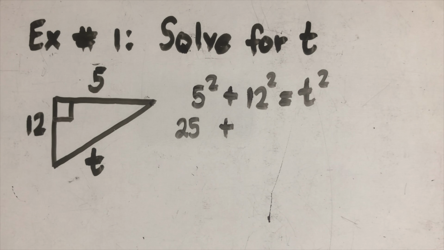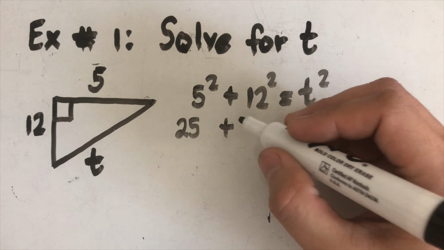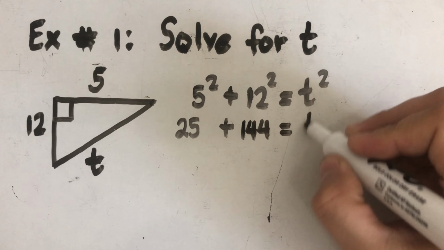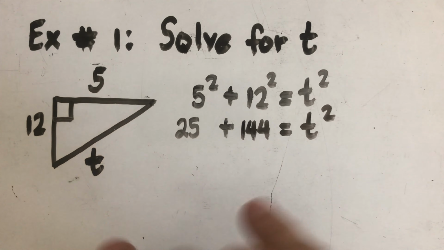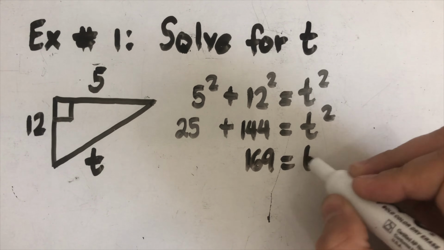Again, feel free to use the calculator. There's a link in one of the posts that I gave you on Google Classroom. Please go back to it. It should be there. So 12 squared is 144. Now we add these two together, 25 plus 144, and that would be 169 equals t squared.